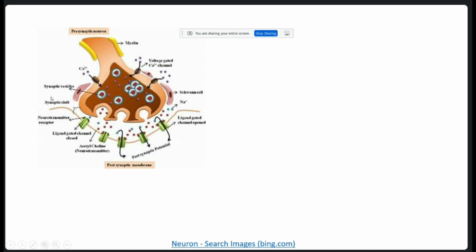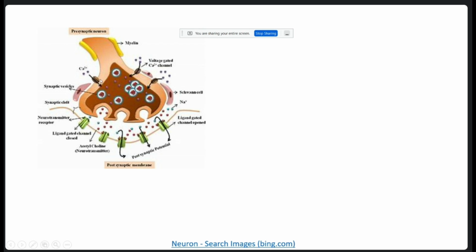So as you can see, the free calcium ion is coming inside the neuron cell, but it comes via different ways. Here, the voltage gated channels are also there. The sodium calcium exchangers are also there.